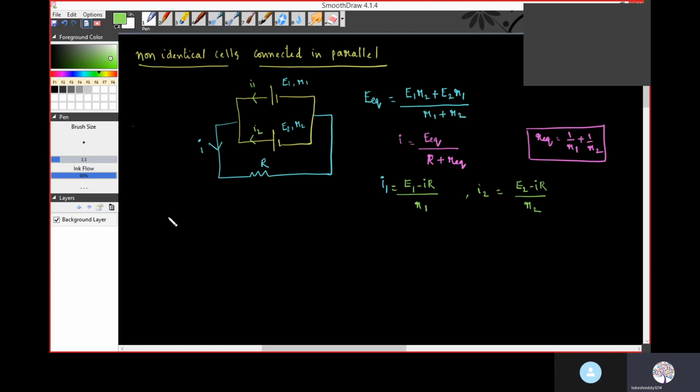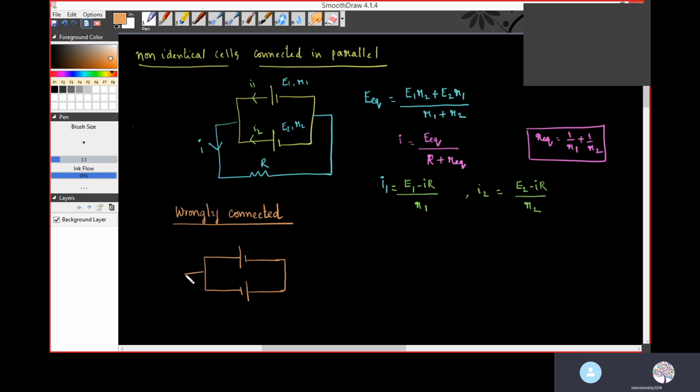Now, if they are wrongly connected, wrongly connected means positive is connected to negative here, like this.